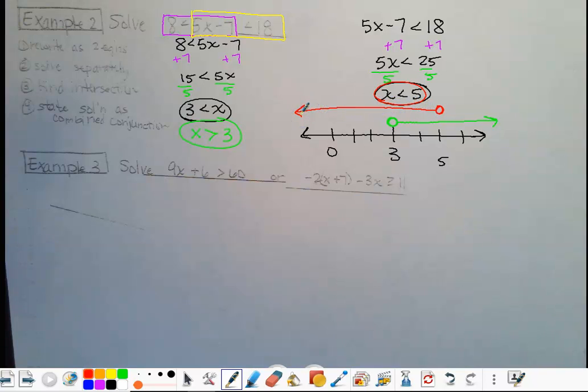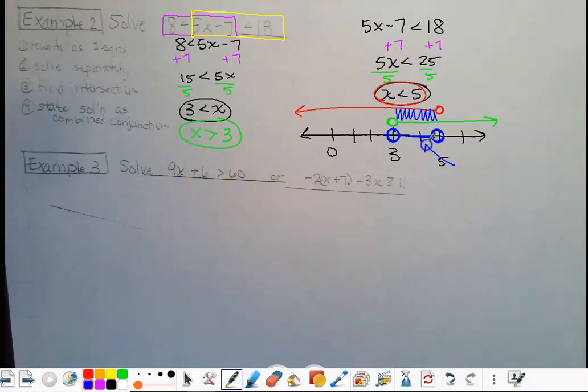All right, so this is still an intersection, just like the one we did before. So we want to find where these intersect. Where do the answers overlap? Well, it's pretty easy to see once we graph it that they overlap in between here. So my graph is going to be an open circle on the 3, an open circle on the 5, and that's my connection.